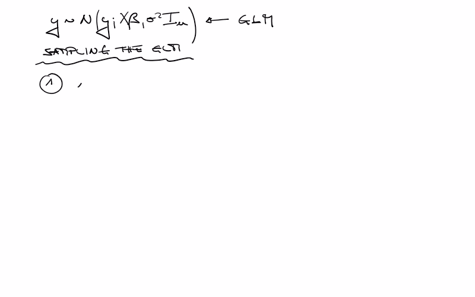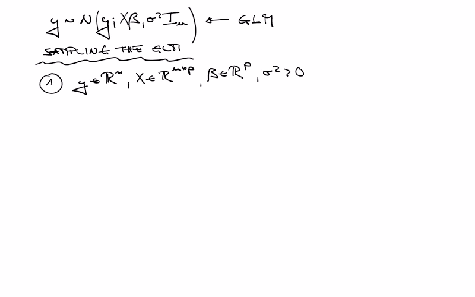One thing that needs to be defined is the dimensionality of everything. Because you know that y is n-dimensional, x is n times p dimensional, beta is p dimensional, and sigma square is a value larger than 0.